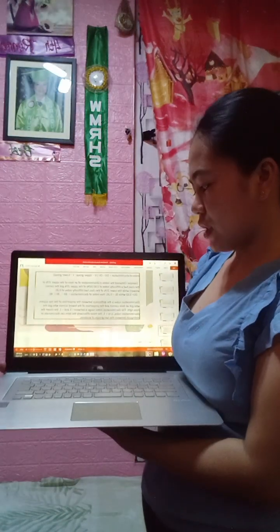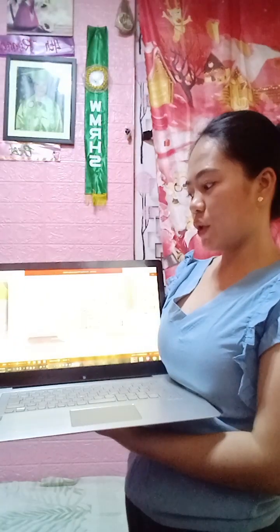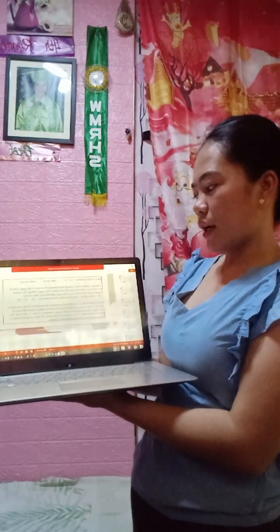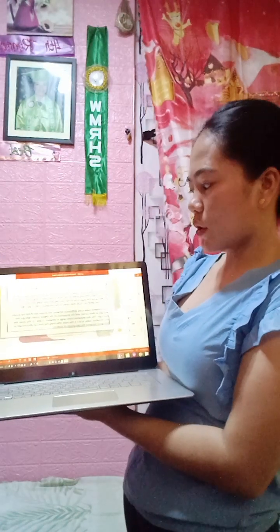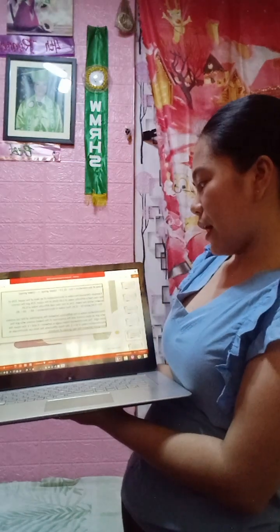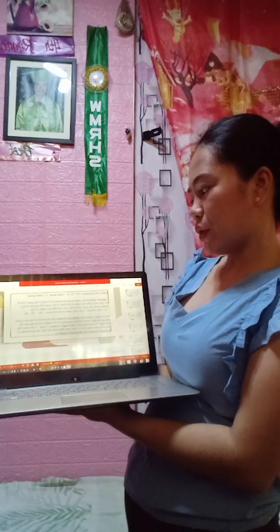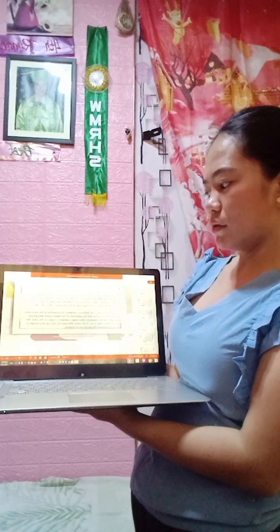So, the discrimination index is the difference between the proportion of the top scorers who got the item correct and the proportion of the lowest scorers who got the item right. The discrimination index ranges between minus 1 and plus 1.